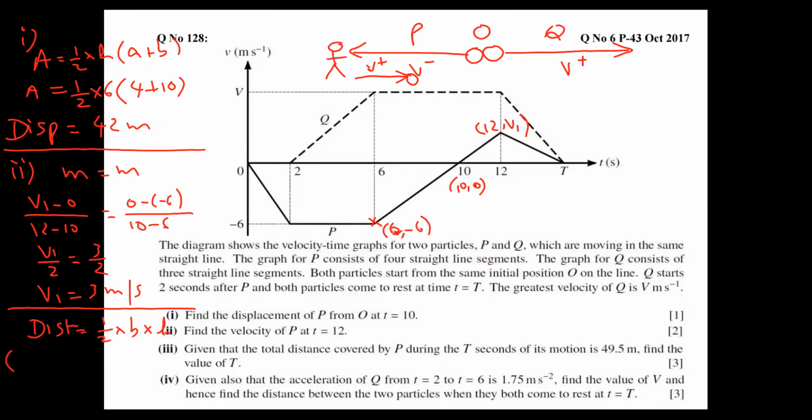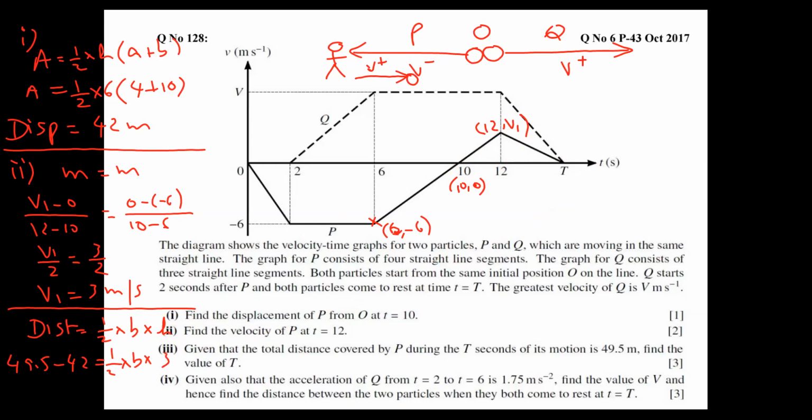I'm writing it here now: 49.5 minus 42 equals half into base. The base of the triangle is this much, and I don't know this gap, so I give it a name, b, for base. The height is v1, which is 3.